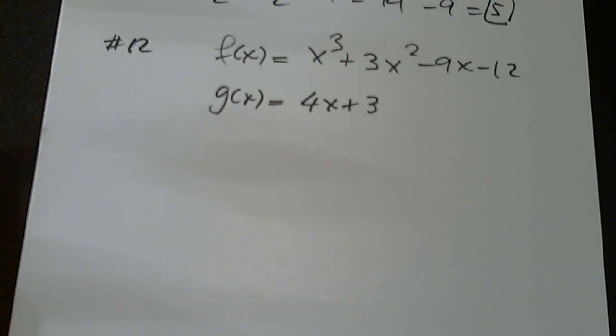And they want us to determine these two pieces. Of course, the first piece has f of x above and g of x below. But the second piece has g of x above and f of x below.